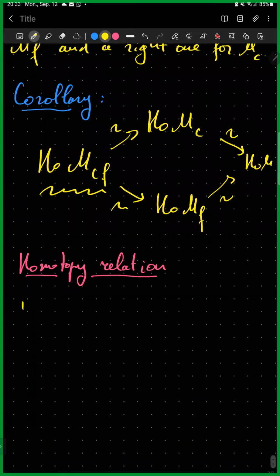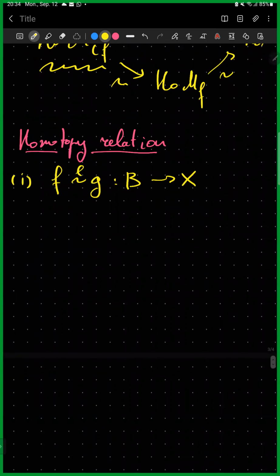The first one here is left homotopy. We say that F is left homotopic to G, if they are both maps between the same objects, and we have a cylinder object, which I will this time define a bit differently.